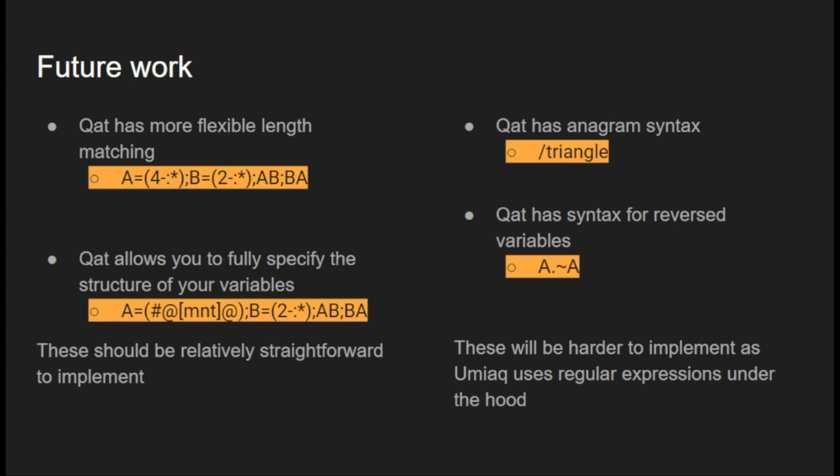So in this case, this would give you odd length palindromes. Very cool, very useful thing to be able to do. Umiaq can't do it. And the reason it can't do these things is that Umiaq uses regular expressions under the hood. It breaks everything into a regular expression and then parses it. This is technical stuff you don't necessarily need to know, but that's why these are harder than the other ones.